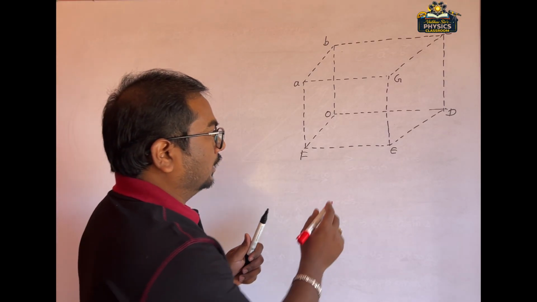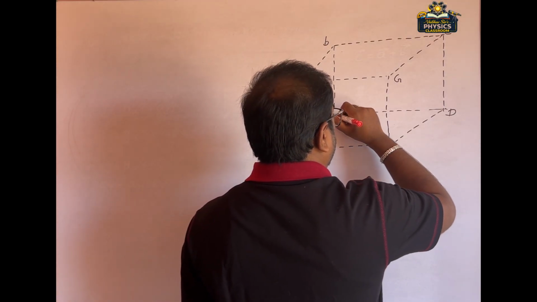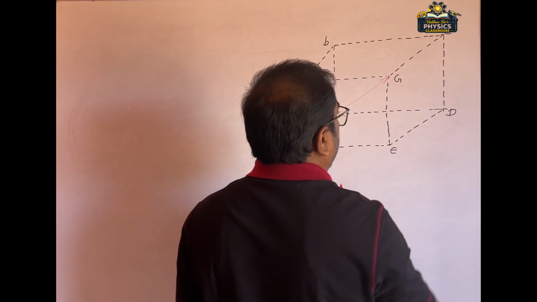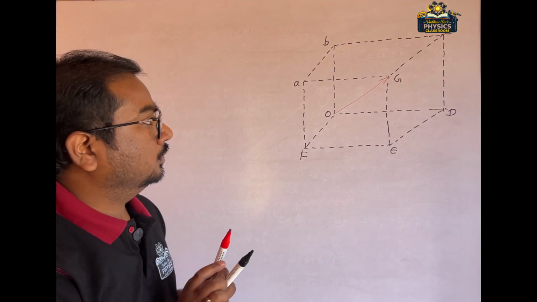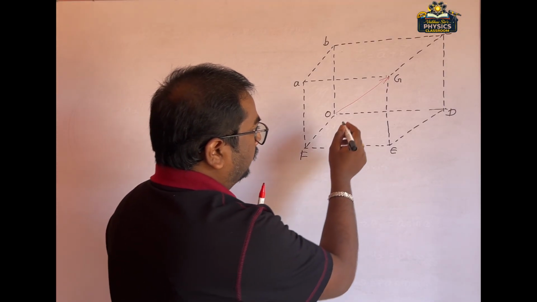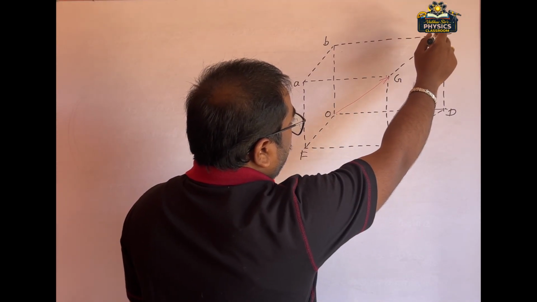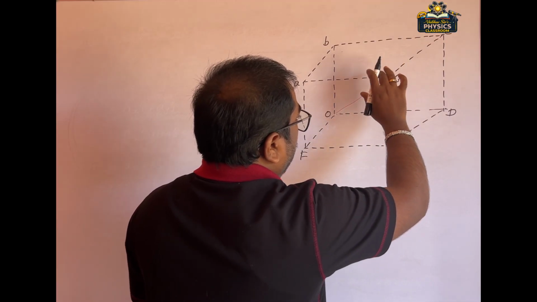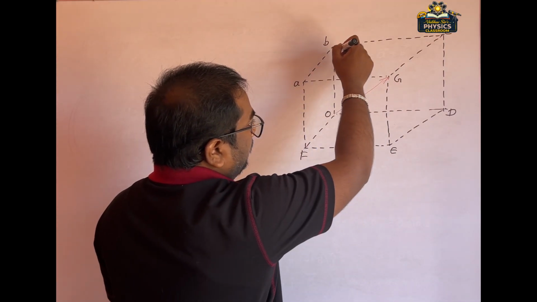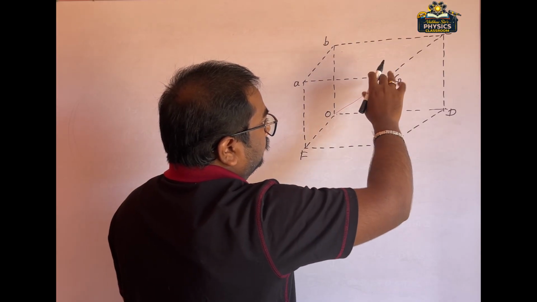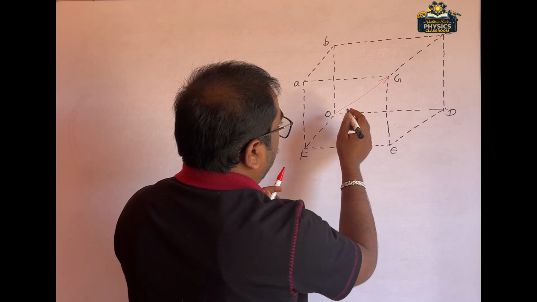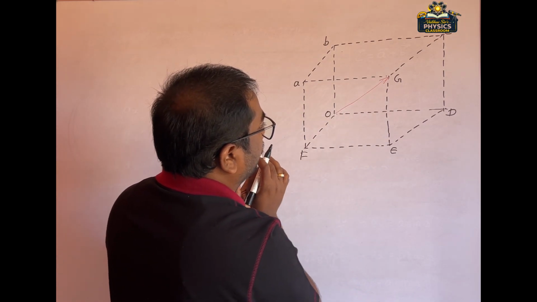So now again I am drawing one vector which is starting from O. Now you can see here.